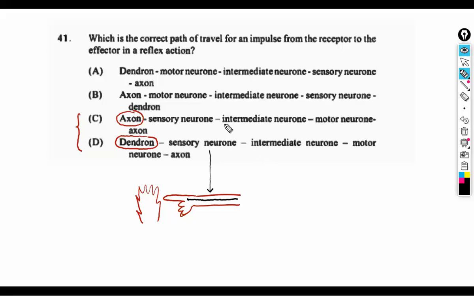And then it has to go to your intermediate neuron. Anybody want to tell me which part you find the intermediate neuron, and also what's another name for an intermediate neuron? Right. Anybody know?